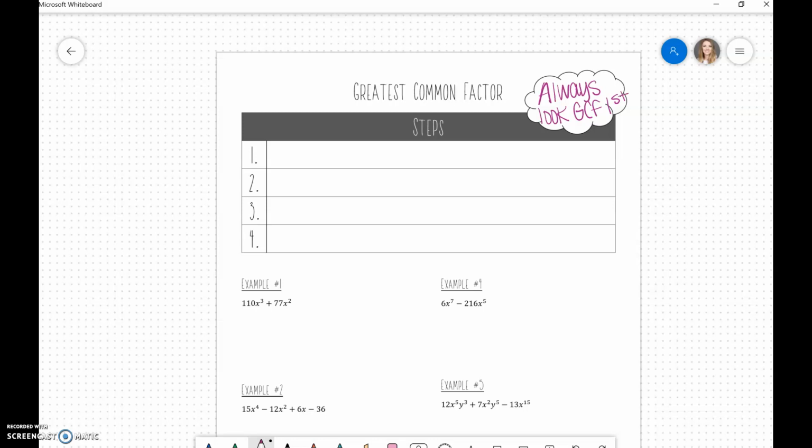And so when pulling out the greatest common factor, our first step is we want to find the greatest common factor between the coefficients. Next, we're going to look at the variables and find the greatest common factor for our variables.